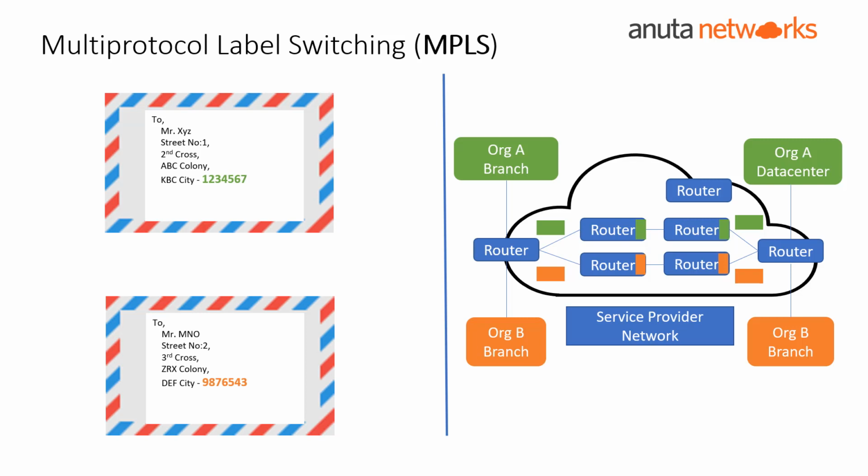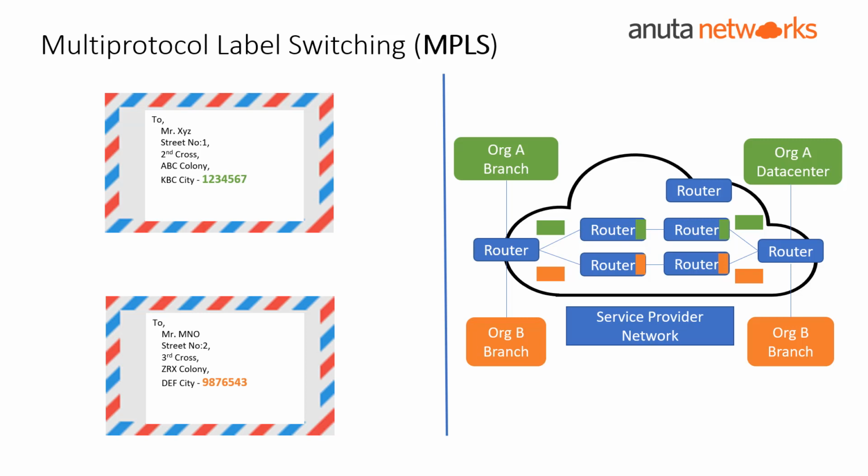As an example, let's say it has been assigned a green label. The data packet passes through the MPLS network using this green label and reaches the destination of Org A. The routers in the middle use the same green label to forward the traffic to its destination. Similarly, the Org B requests will reach the Org B destination based on the orange label.